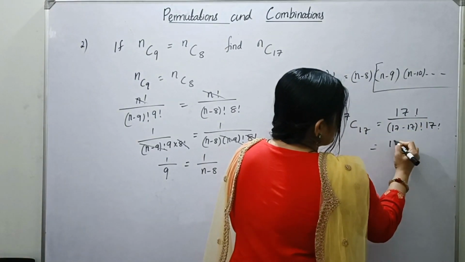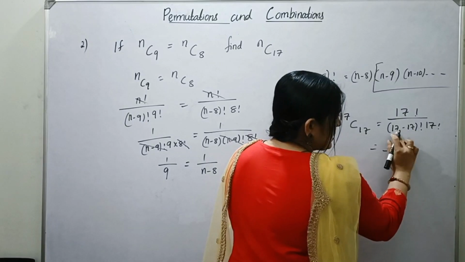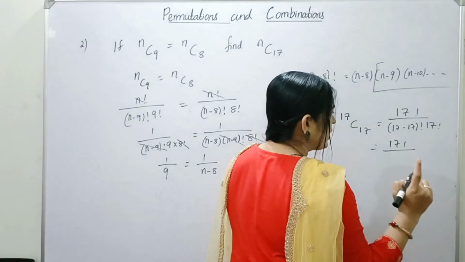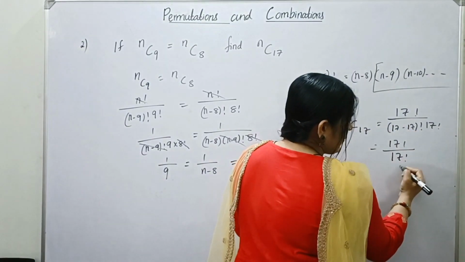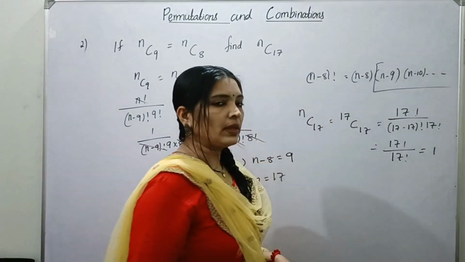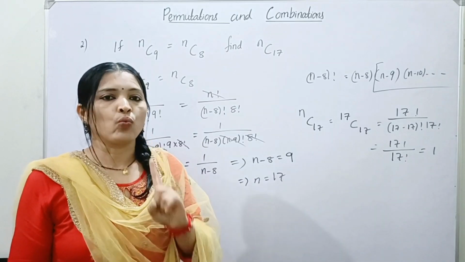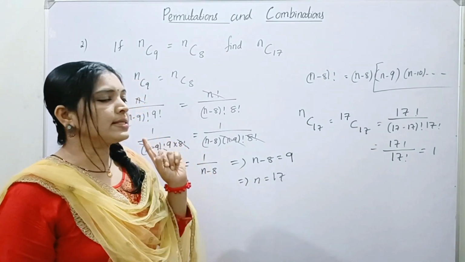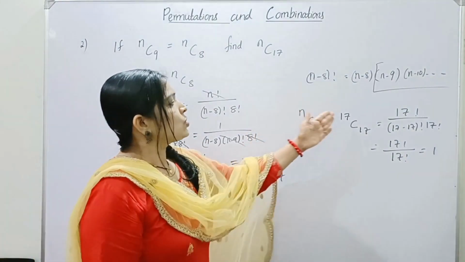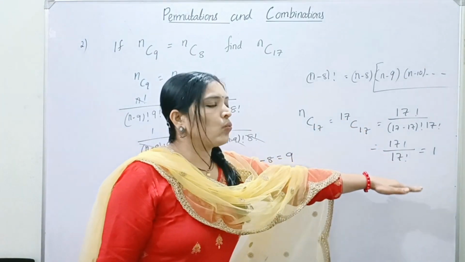So 17 factorial divided by 0 factorial, that is nothing but 1, and divided by 17 factorial, that is 1. So remember, nCn is 1. So 17C17 is 1.